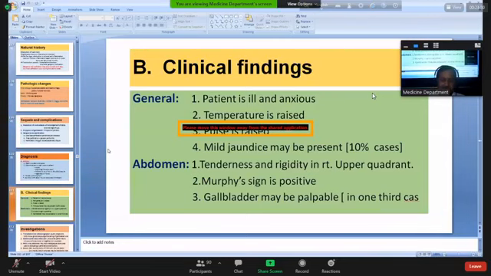Second, the most important is Murphy's sign. Murphy's sign is positive, and we try to demonstrate this sign with our left hand.